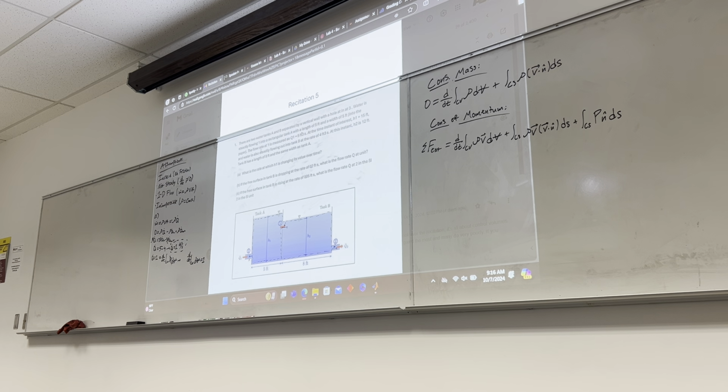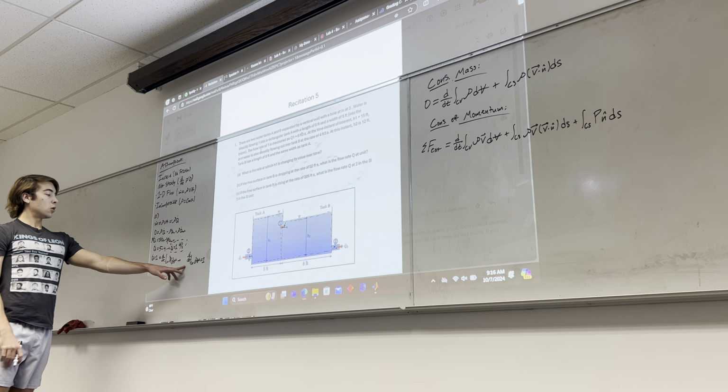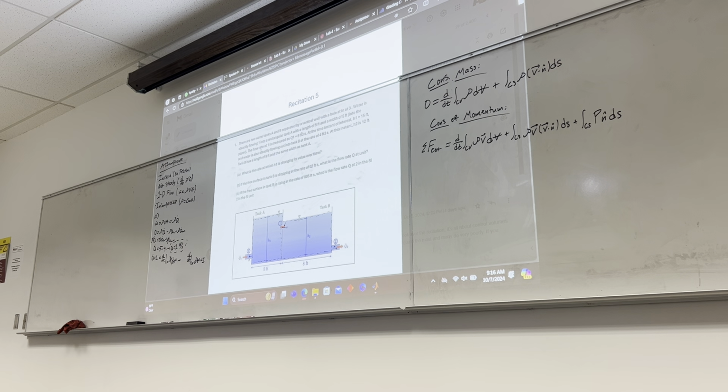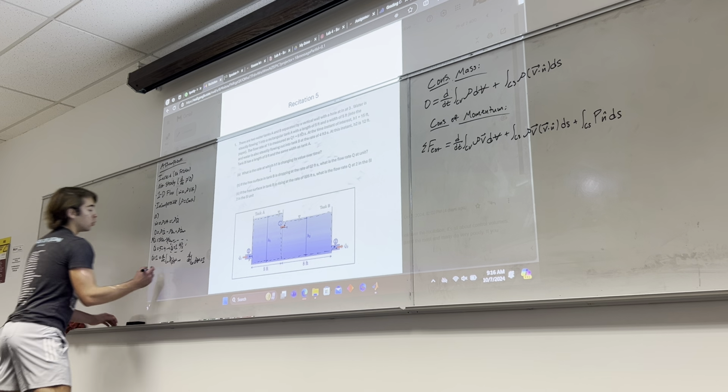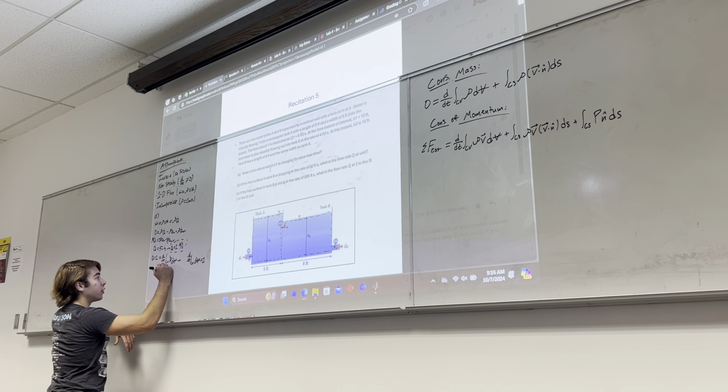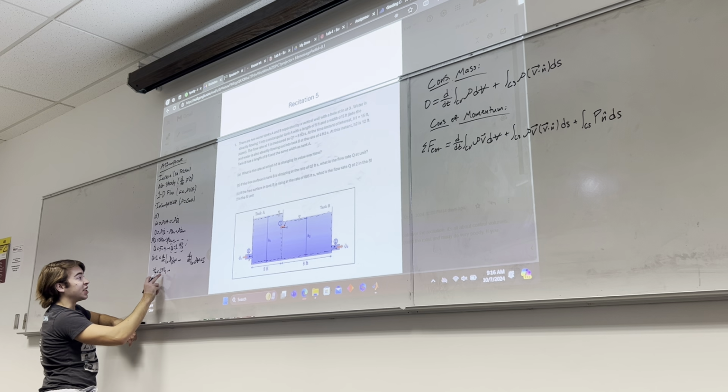Tank A is 5 feet by 5 feet times some height, so the volume of A equals 25H1. The thing that's changing is this H1.